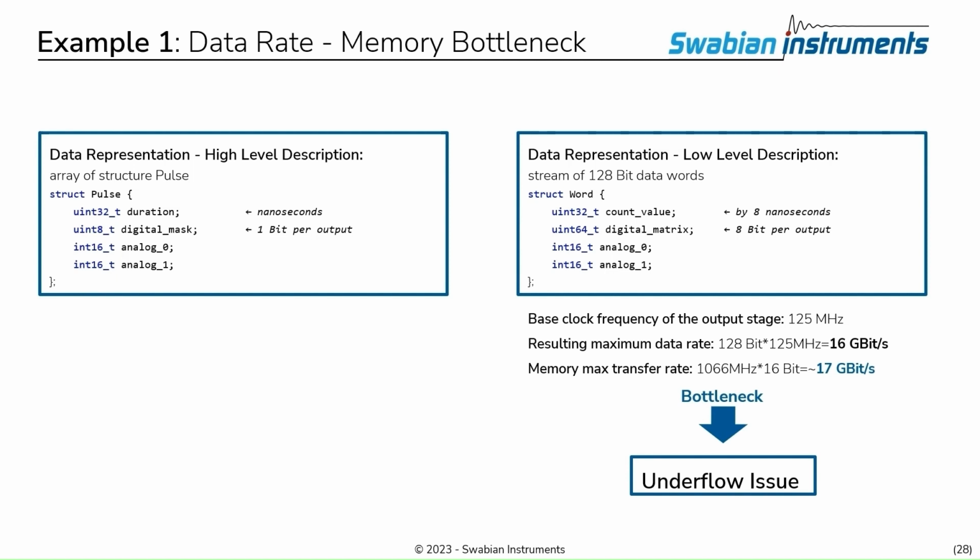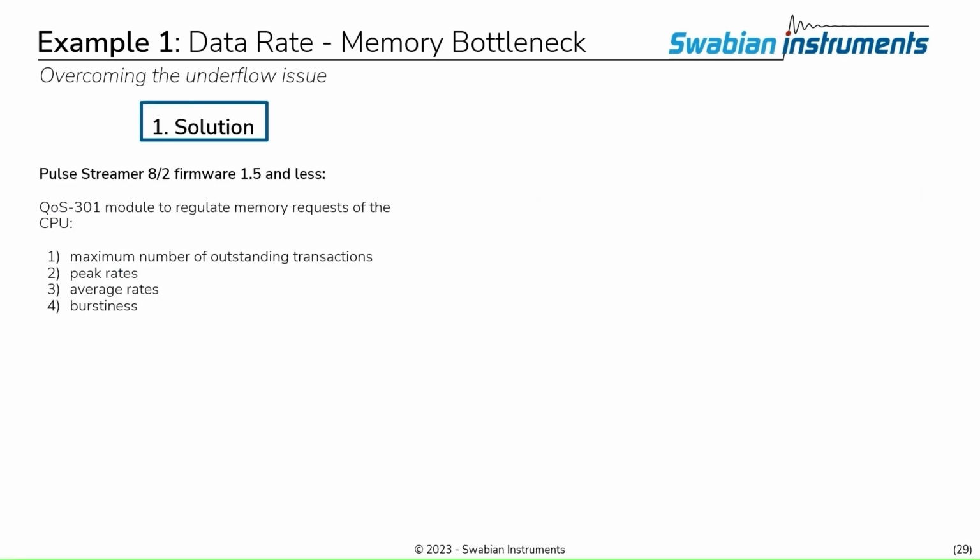How did we deal with that issue from the developer side? Our first approach was to reduce the throughput of the data paths from and to the memory controller except those of the high-performance ports. Therefore, we throttled the CPU memory requests with the Advanced Quality of Service module of the Sync.